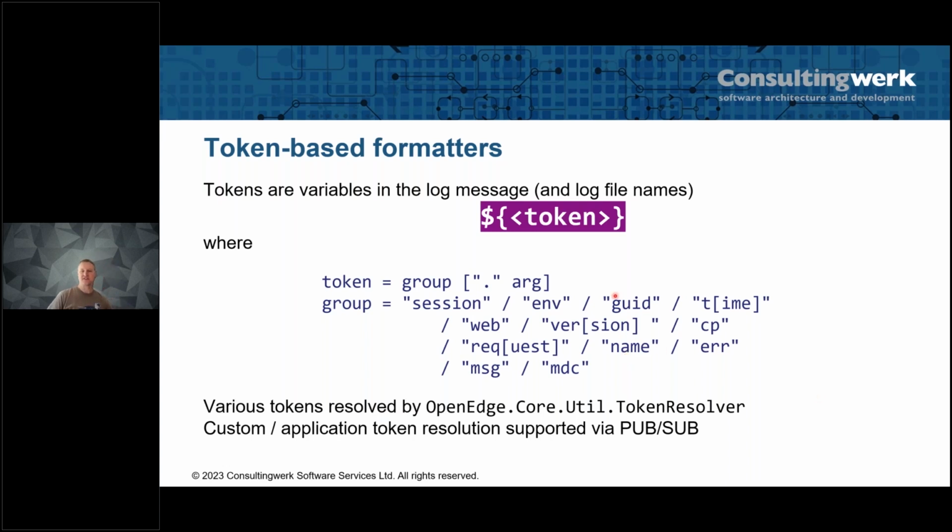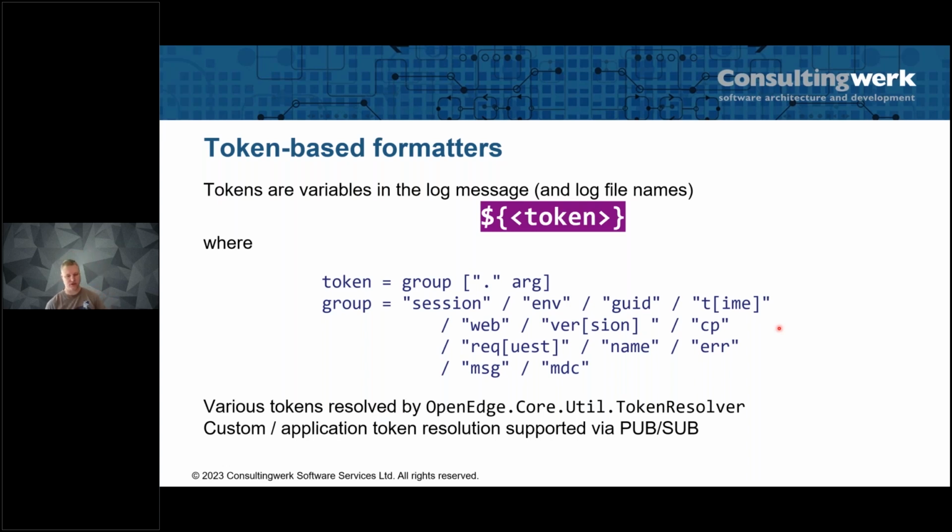Tokens take this form: dollar, parens or curly braces, and then a token, which is a group and an arg, right? Something like session. You may have noticed we used session.temp-dir. There could be environment variables, could be a GUID. Timestamps are also very often used. Stuff from the request, message errors, client principals, all sorts of stuff.